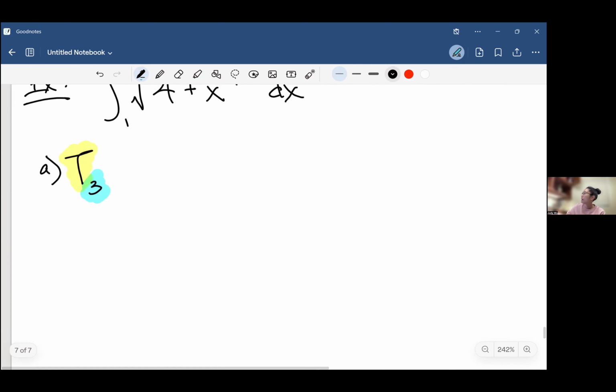Now, if we look back at the notes from 11 or from our 6.4, okay? I kind of break it down into 3 different steps on how we find this. So our first step here, okay?